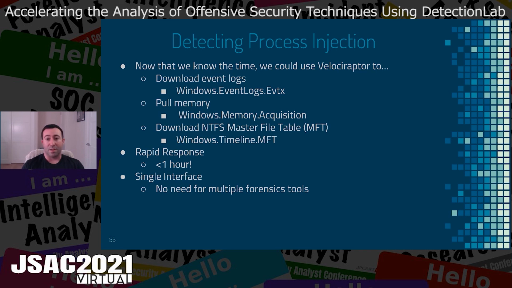This process could also help us write YARA rules to detect further compromise in our environment. We could also download the NTFS master file table to observe file system activity near that time. Using Velociraptor, we can do this all from a single place in easily less than an hour.